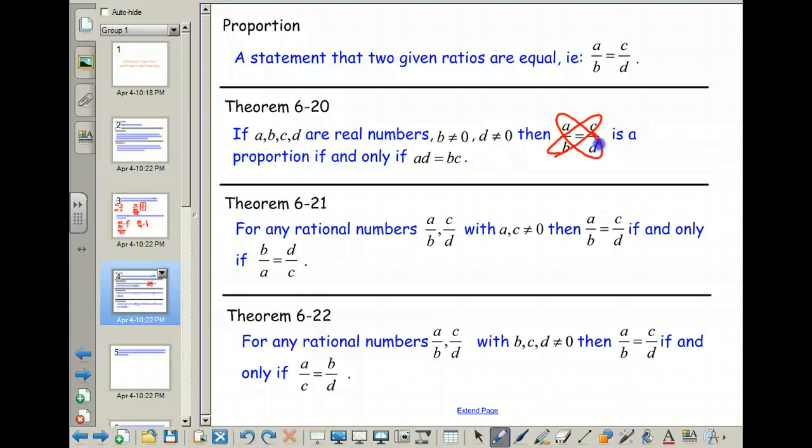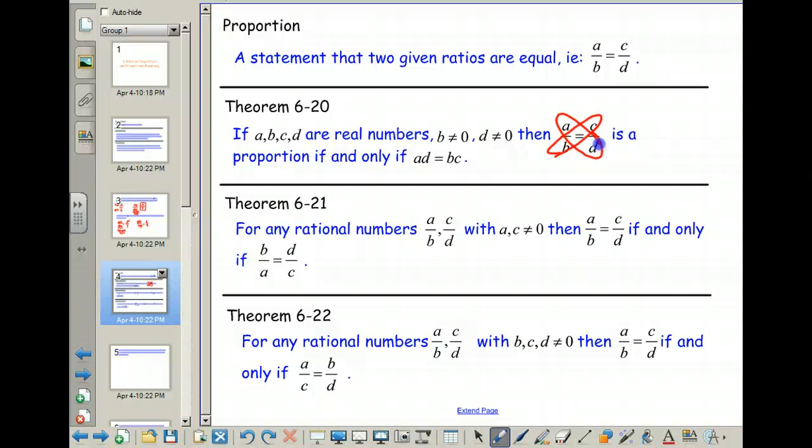Take a look though at the other two. The other two are interesting. We still have the same sort of fraction forms, right? A over B and C over D, just like we did before. And this one says that if A over B equals C over D, that's going to be true if and only if B over A equals D over C. So what happened between this set of ratios and this set of ratios?